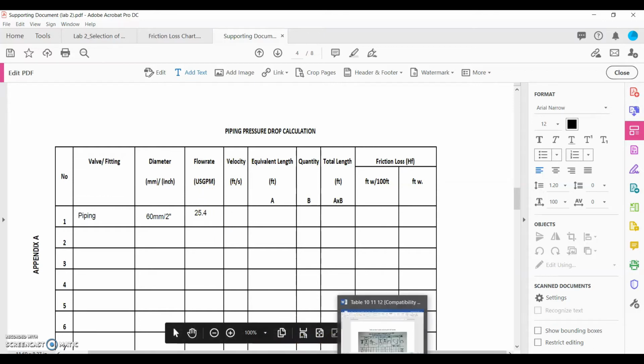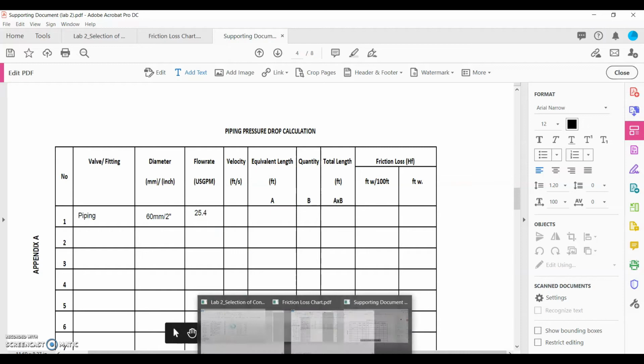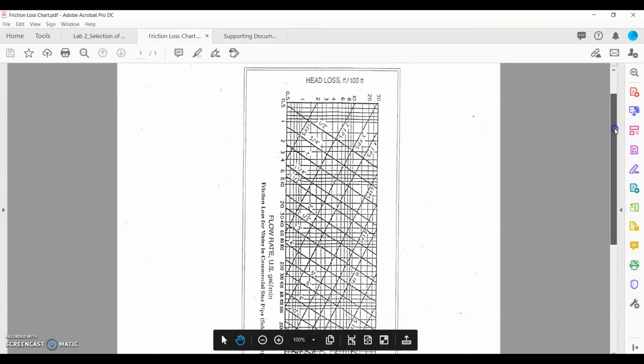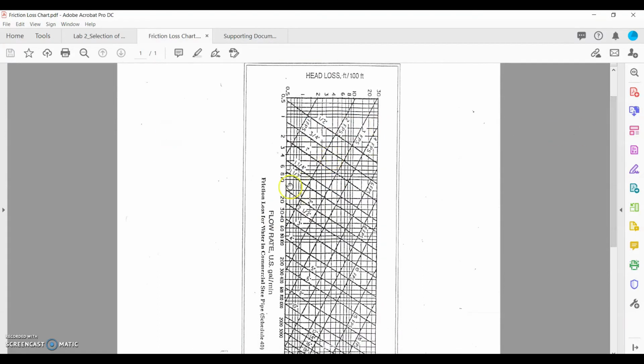So please open the friction loss chart. This one we call the friction loss chart. For info, you can get from this: first is flow rate in unit US gallon per minute, with values 0.5, 1, 2, 3, 4, 6. The second one is head loss, feet per 100 feet, from 0.5 until 30.